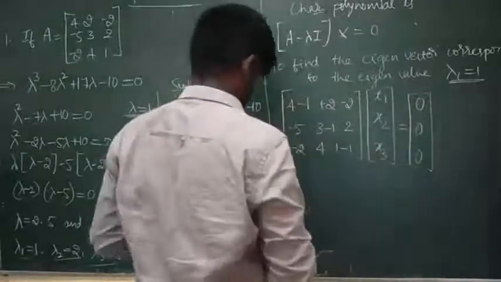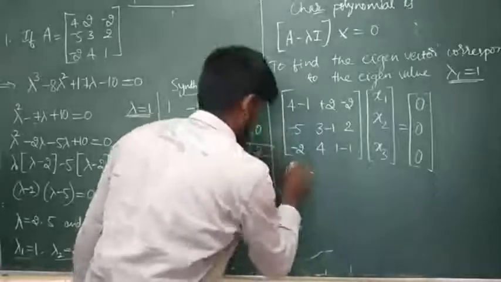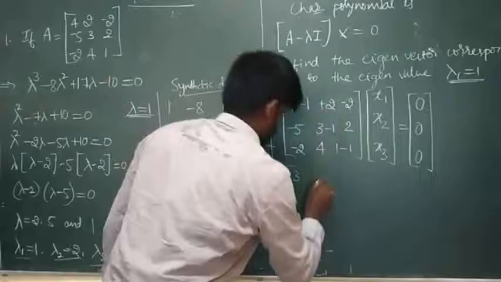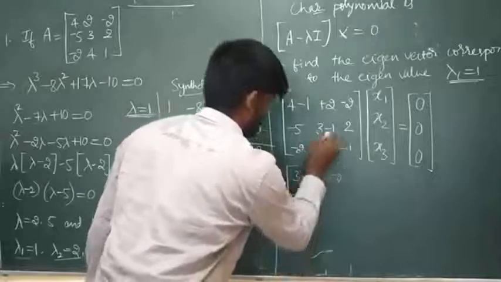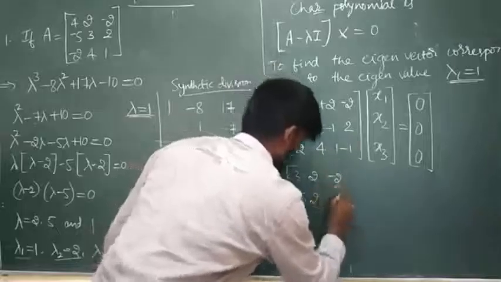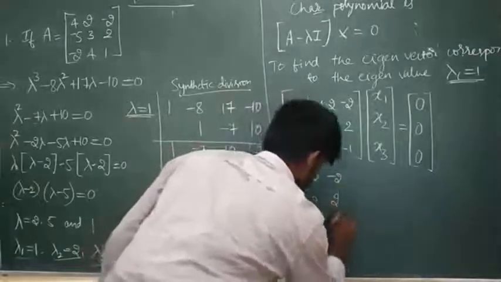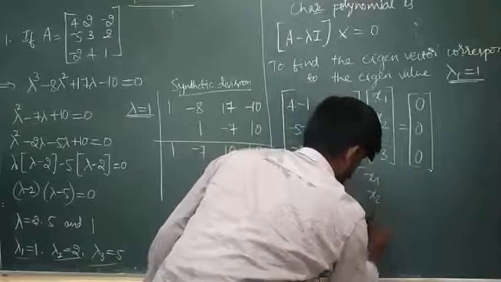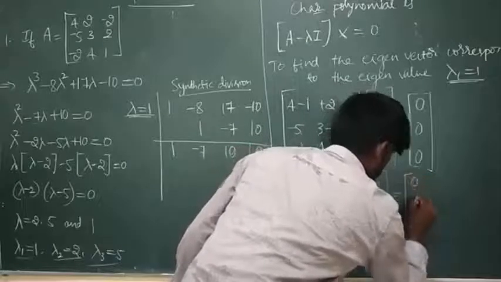Then the reduced matrix is 4 minus 1, 3, 2, minus 2, minus 5, 3 minus 1, 2, 2, and minus 2, 4, 1 minus 1, 0, times x1, x2, x3, equal to 0, 0, 0.